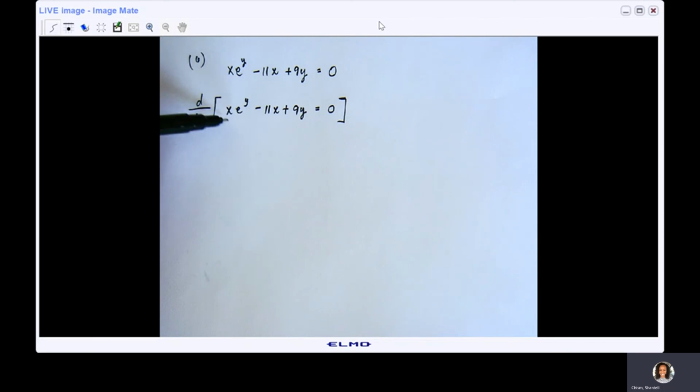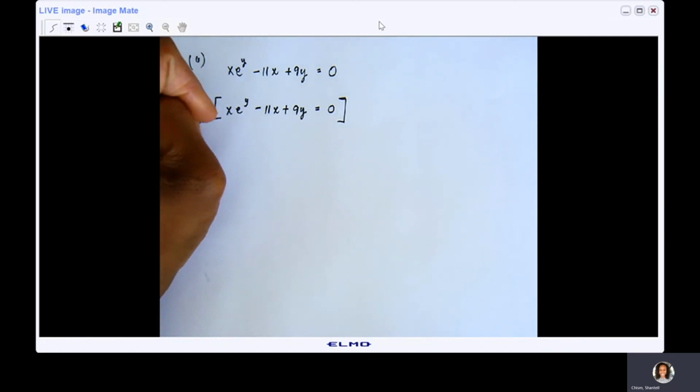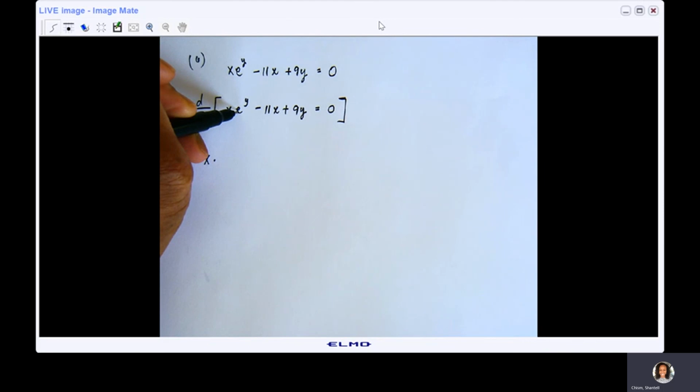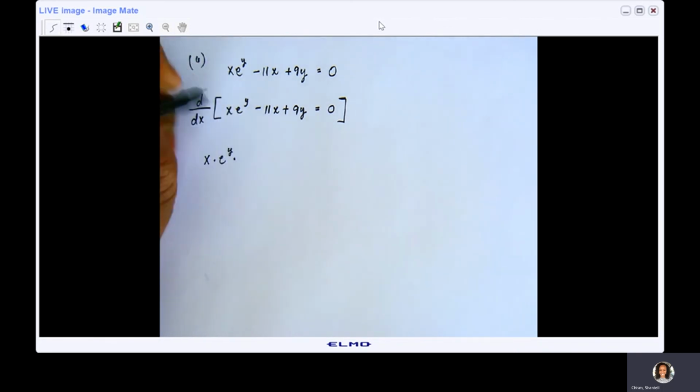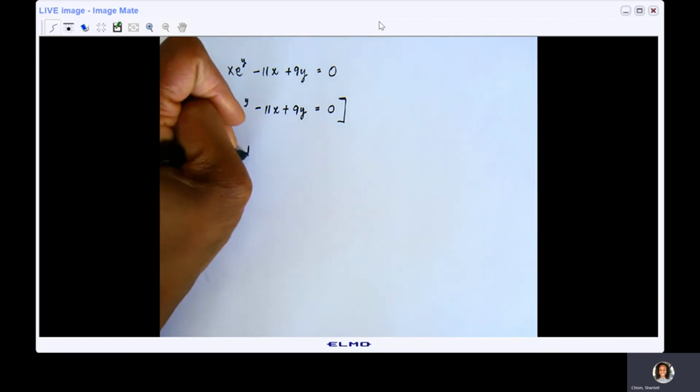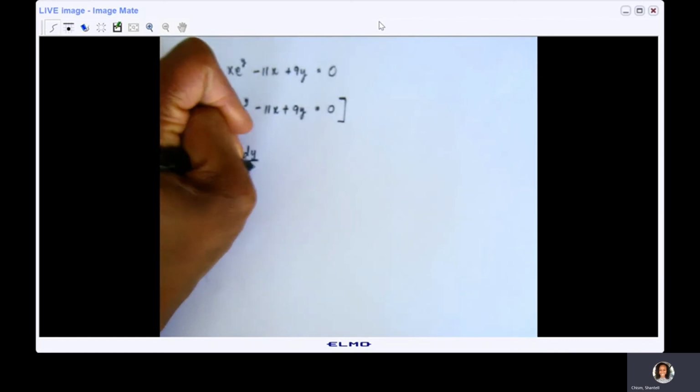The derivative of the first term, x e to the y, is a product, so I have to apply the product rule. First times the derivative of the second. The outer derivative of e to the y is just itself, e to the y, then times the derivative of the inside, derivative of y with respect to x, which is dy over dx.